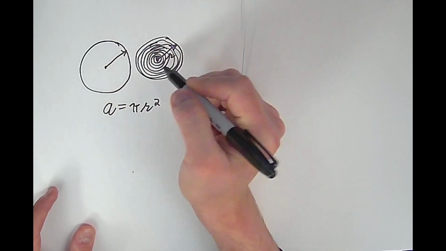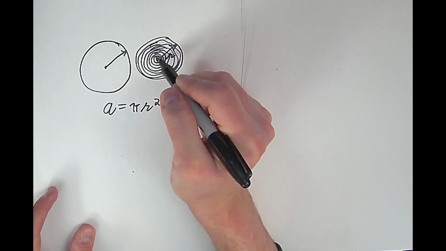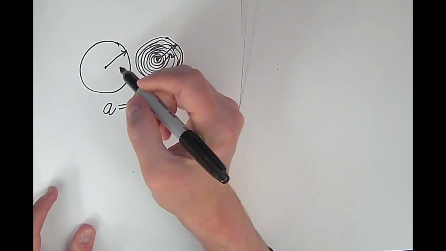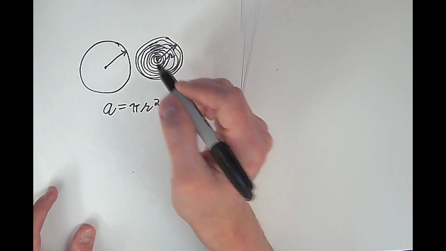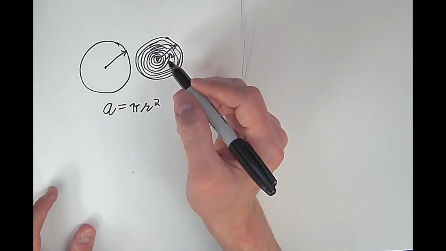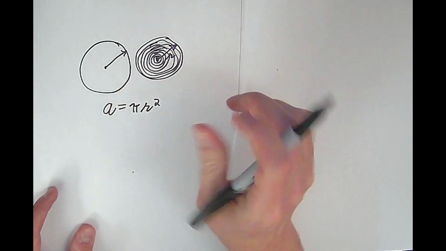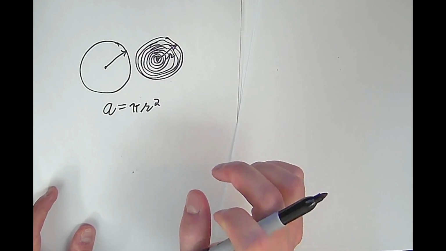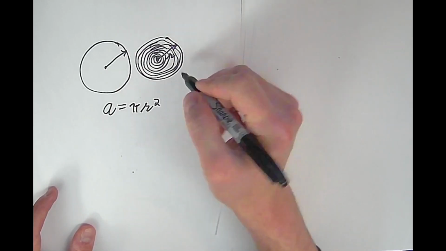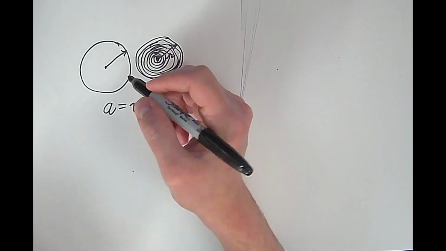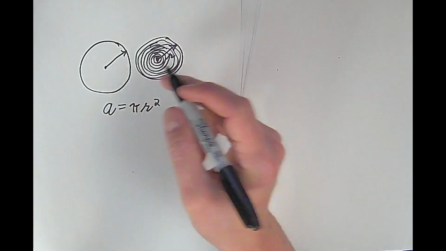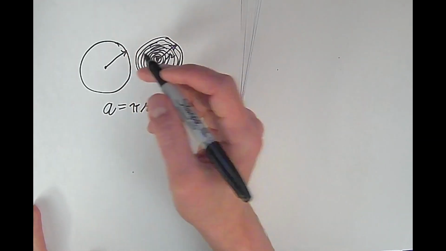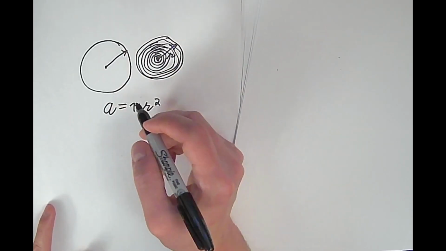But those slices are going to go from the inside to the outside, and they're going to have a certain infinitesimally small area, and they're going to be added up from the inside to the outside. And the way that it works is, you think about what the area is going to be.